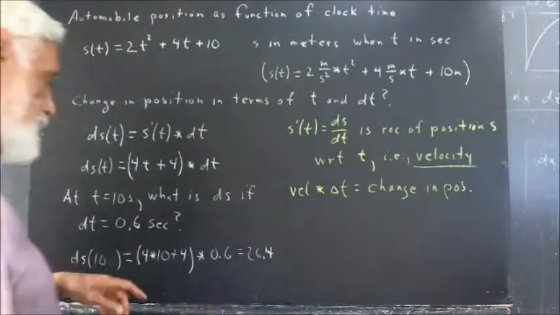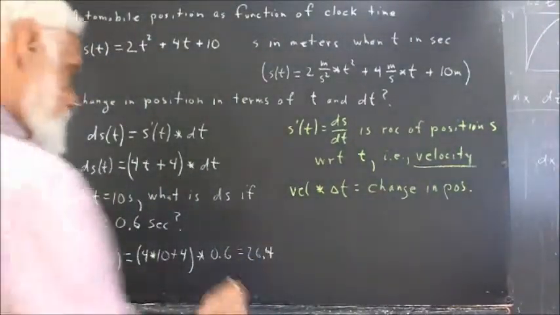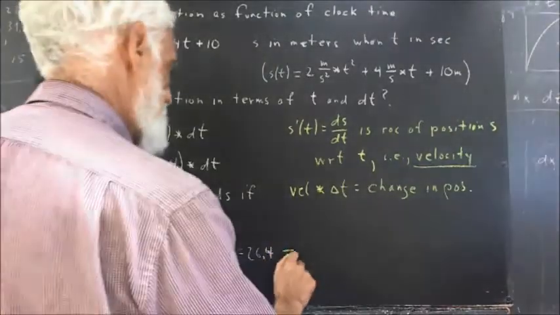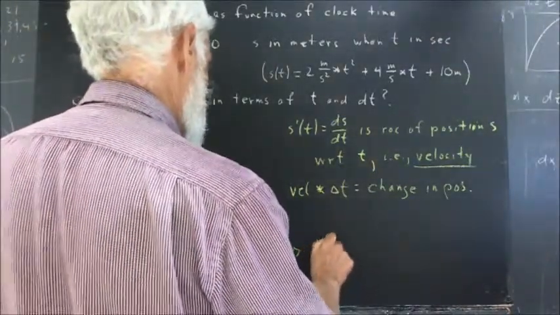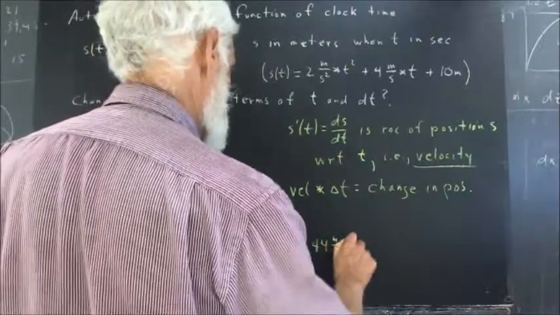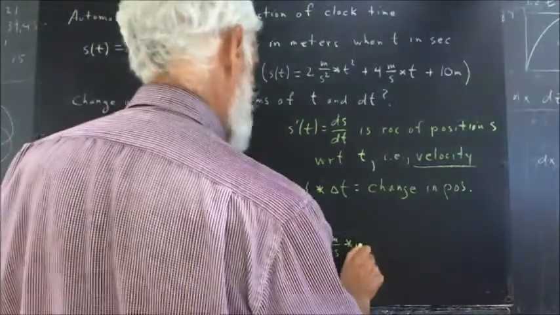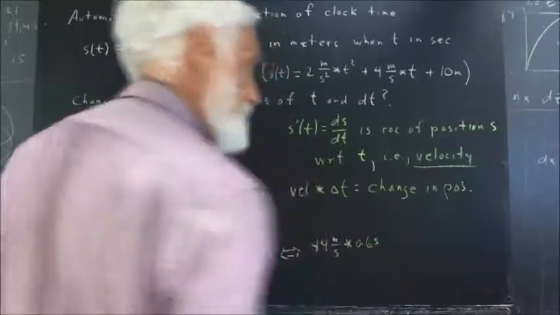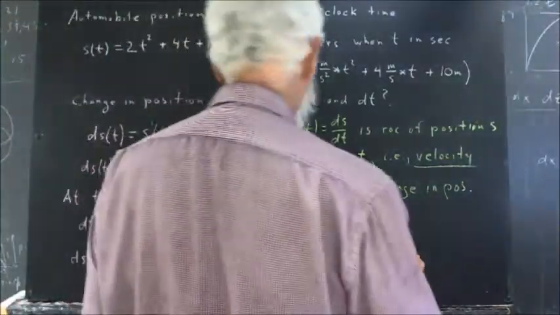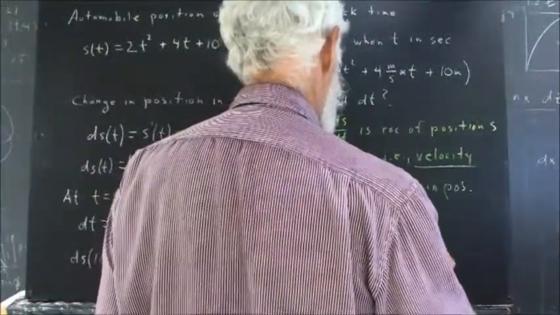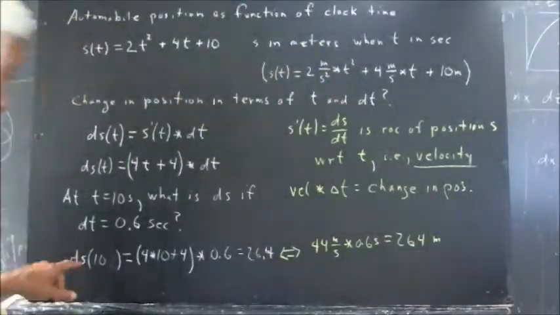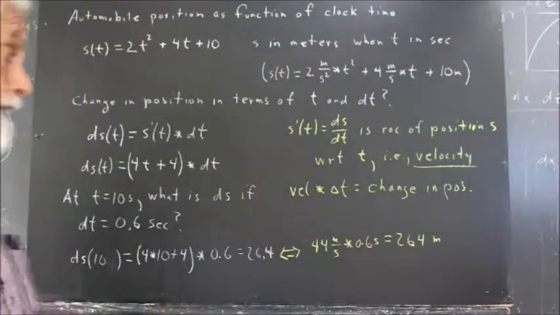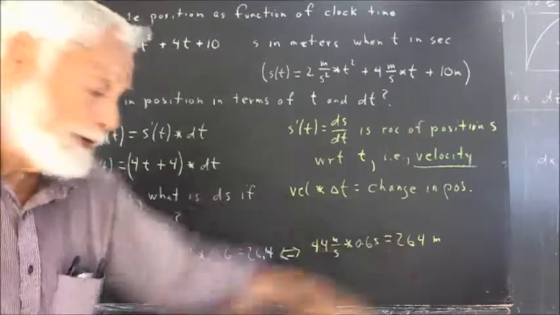So what we have here is actually evaluating this calculation, which has the same meaning as 44 meters per second multiplied by 0.6 seconds equals 26.4. It's got to be meters because it's a change in position. And that's exactly the way the units work out.